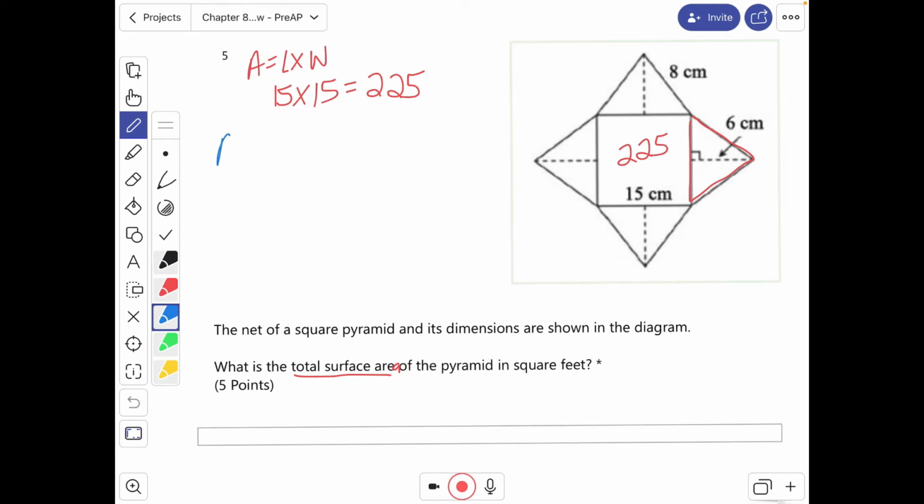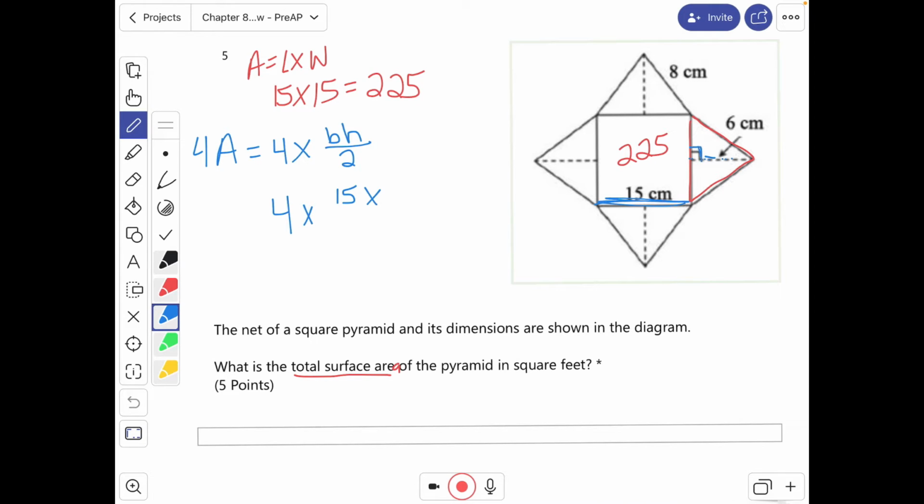Then we need to find the 4 triangles. There's 4 triangles, so we need to multiply by 4, and then it's base times height divided by 2. The base of the triangle is going to be the 15, and the height of the triangle is the dotted line.